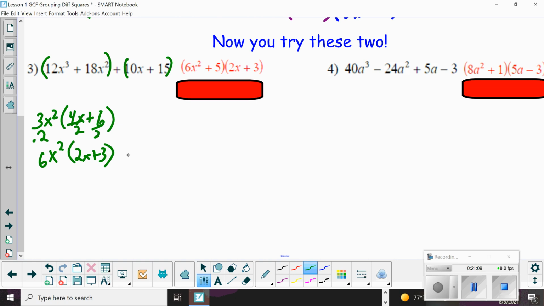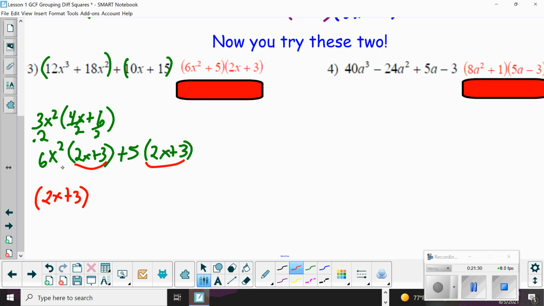Okay? Then I have plus 10x and 15. I can get out a 5, and that's going to leave me with 2x plus 3. Noticing that 2x plus 3 is the same in both of these.